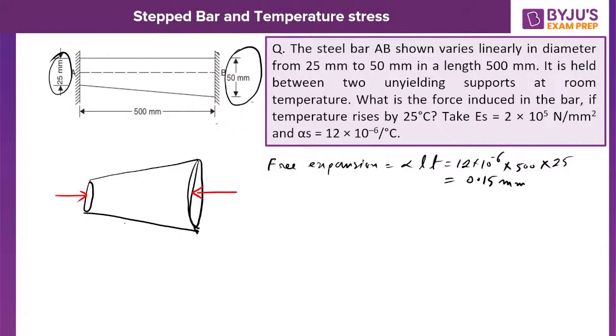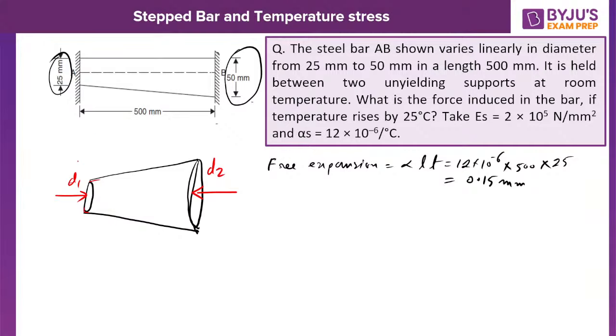Earlier the cross-sectional area was not varying at all. Here the cross-sectional area is varying. Here you have some D1 diameter, and at this location you have some D2 diameter. What will be your deflection? What will be the deformation of this bar?